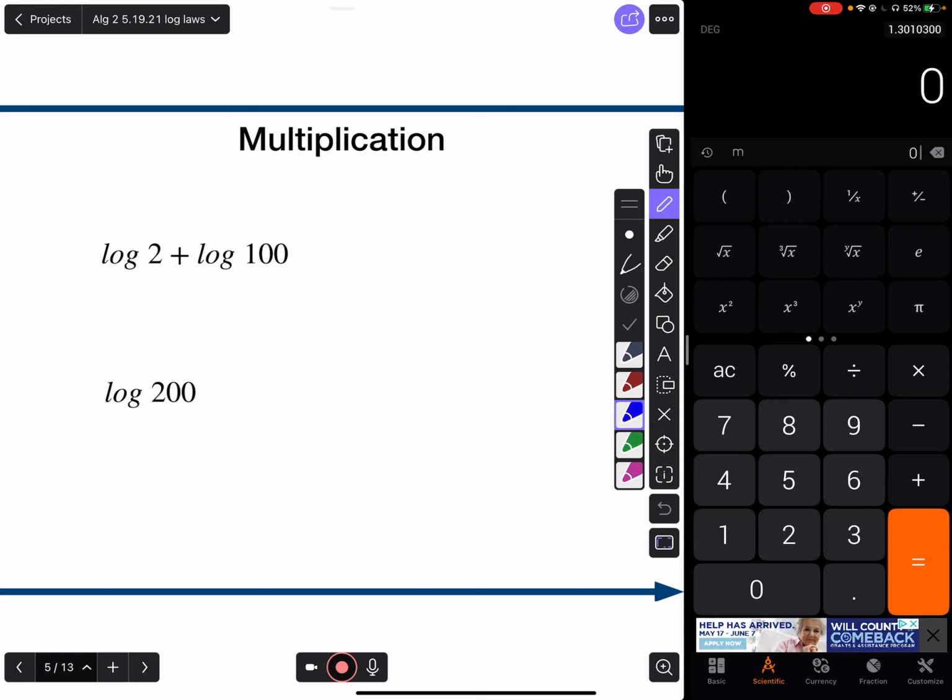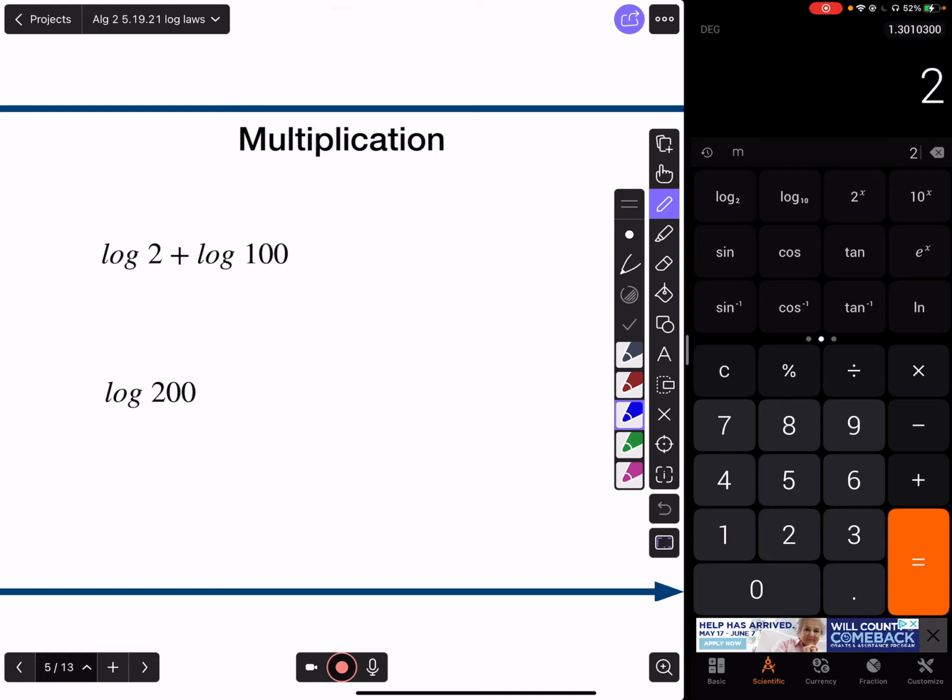The first thing we're going to do is look at two little log problems, and we're going to use our calculator for it. I'm going to take the log of 2. The log of 2 is a log base 10 of 2.